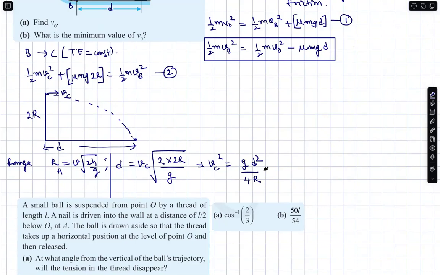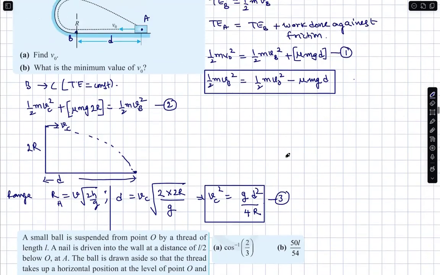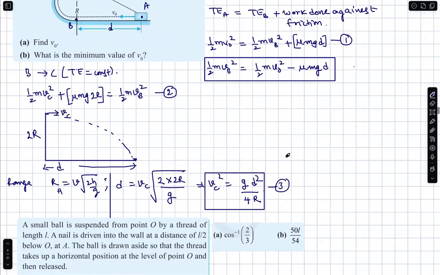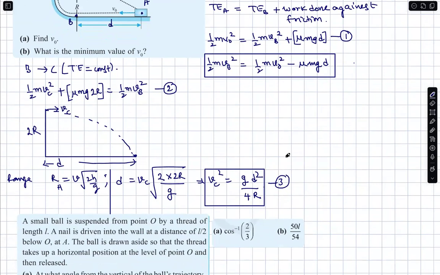That I have understood. This is another equation, let this be equation 3. Totally 3 equations.